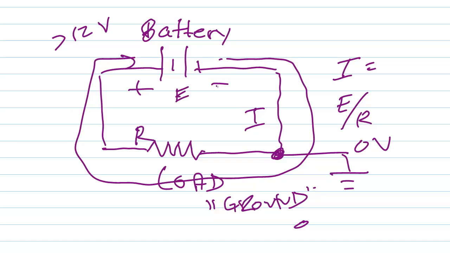So the negative terminal of your battery would be at 0 volts relative to ground. In the case of an automotive battery, you're going to have 12.6 volts nominally, or when your alternator's running, something more on the order of 13.8 volts.